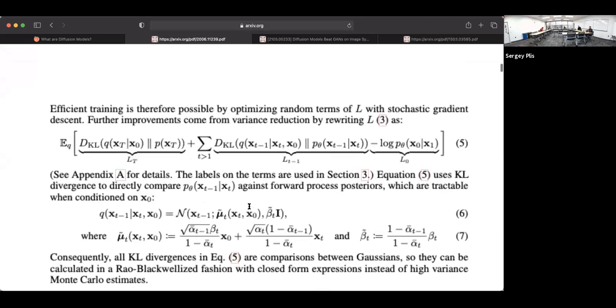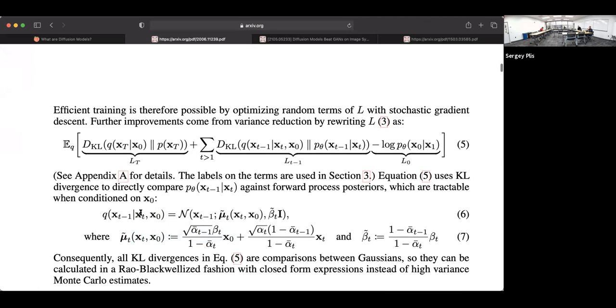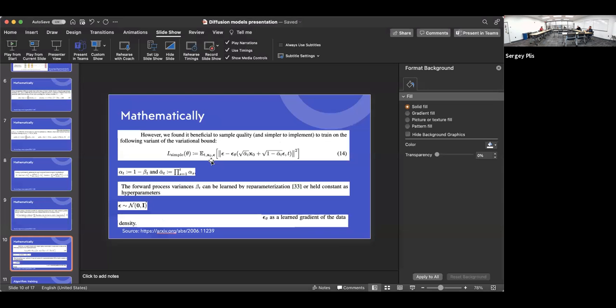Well, we figured it out. Yeah, the problem is that we don't want to have to predict XT minus 1 using X0. With the forward process, you use X0 to get XT. It's just that predicting XT minus 1 shouldn't depend on X0. Okay.